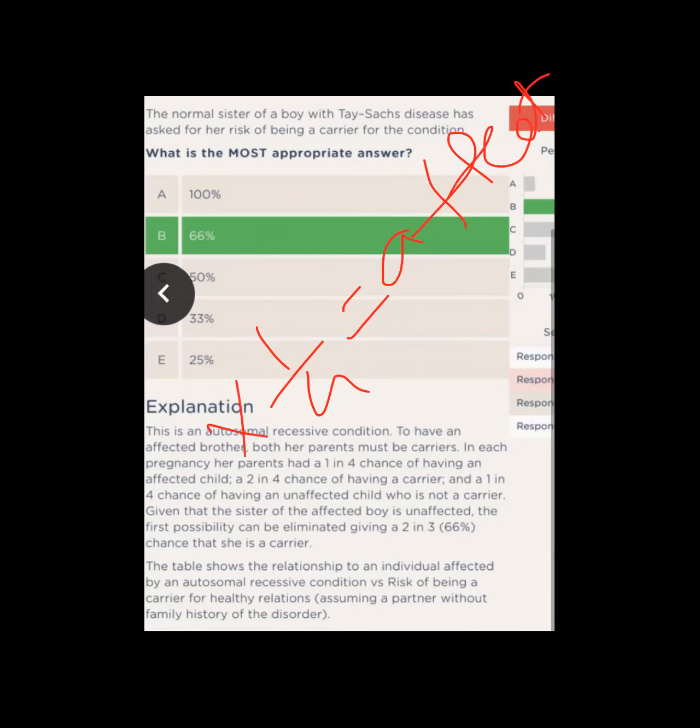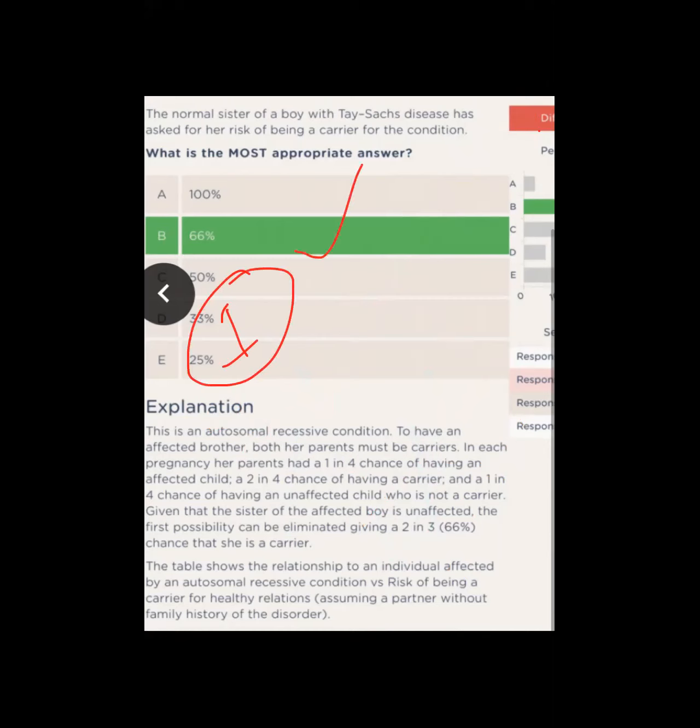Then how much remains? 1/2 plus 1/4 remains. If you take 4, then it will be 2 plus 1. So the chance is not out of 1/4 here. We discard a total of 1 portion, and we divide the child into 3 portions: 1 portion for carrier, another portion for carrier, and another portion for normal person.